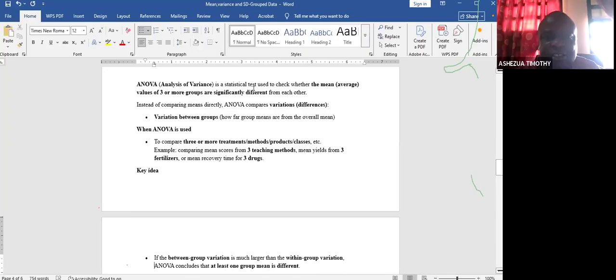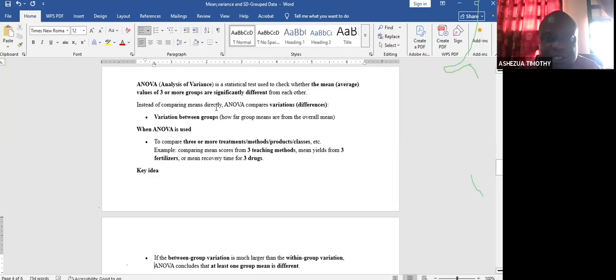ANOVA, analysis of variance. ANOVA simply means analysis of variance. It's a statistical test used to check whether the mean, that's average, values of 3 or more groups are significantly different from each other.